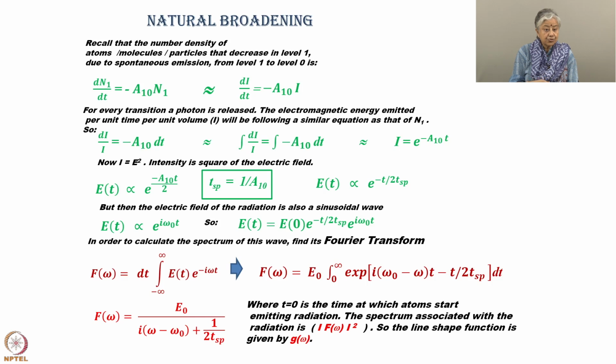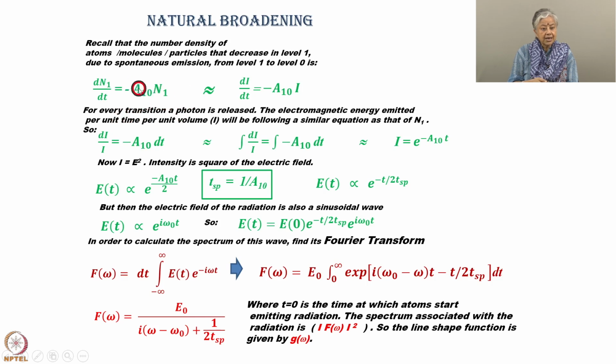And try to recall this equation also, dN1 by dt is equal to minus A10 N1. If you remember, A10 was one of those Einstein's coefficients and N1 was the population density obviously of level 1 and it is falling down to level 0. Okay. So, obviously, it will depend on N1 here.